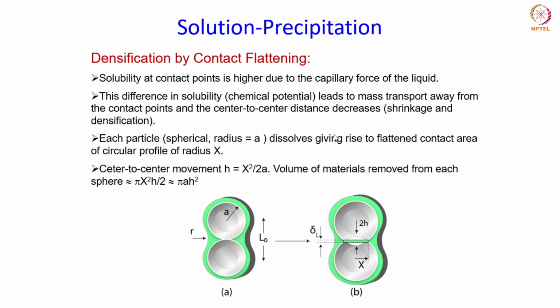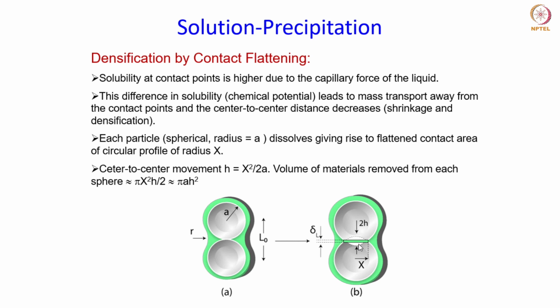Today we have discussed the contact flattening mechanism of densification. Here the particles approach each other along the center line as the contact point between them dissolves due to a compressive capillary stress that works at the contact points.